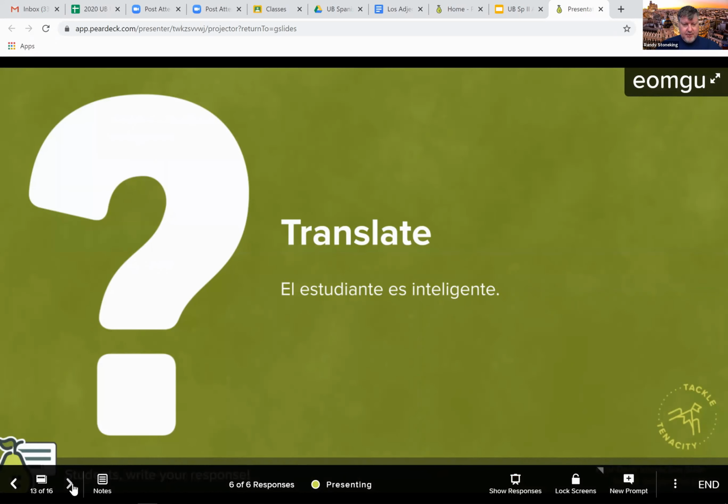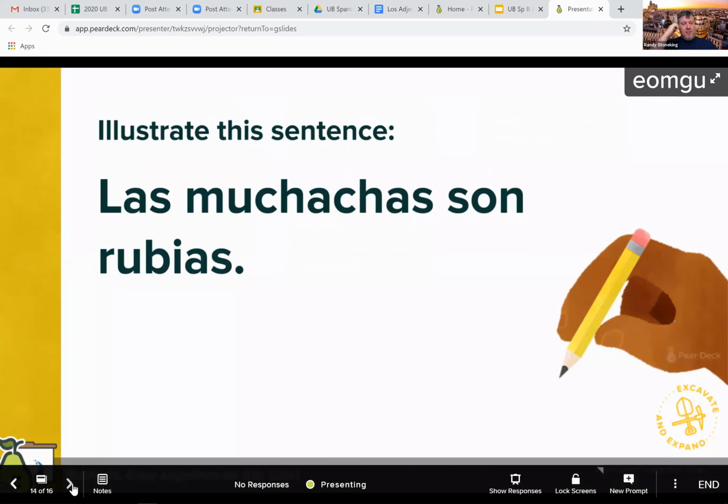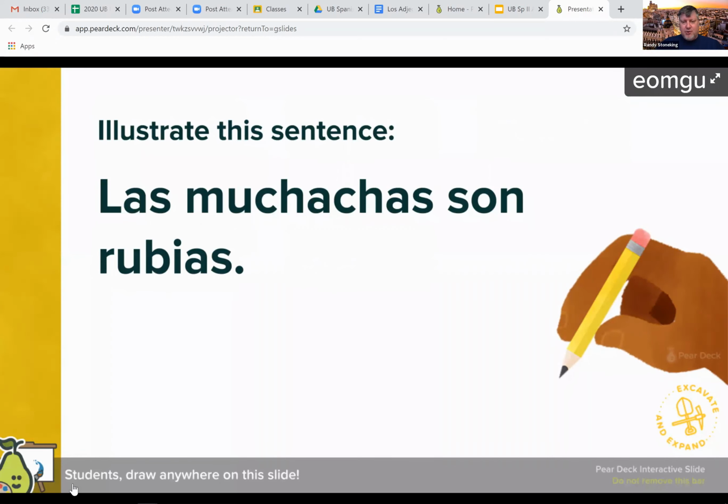Okay, let's do this. Another picture here. Remember this sentence that we did? Las muchachas son rubias. Remember that picture?